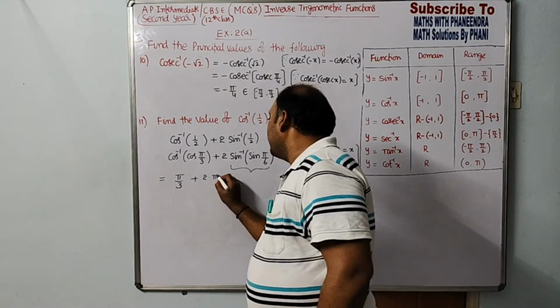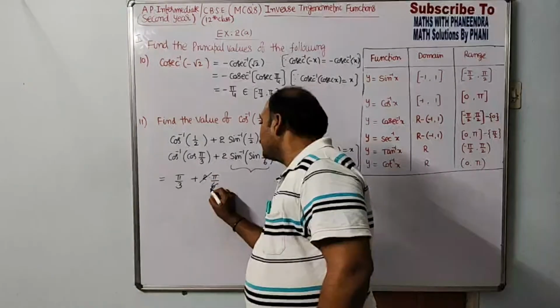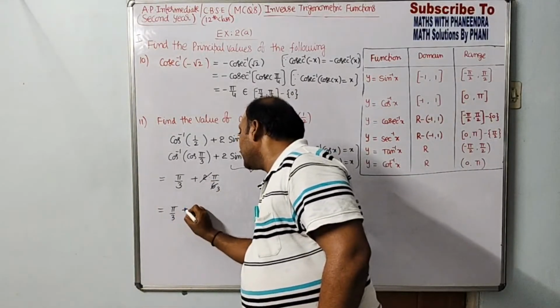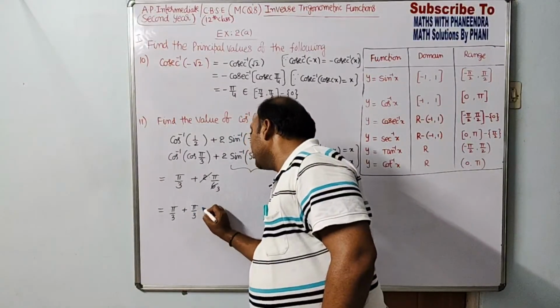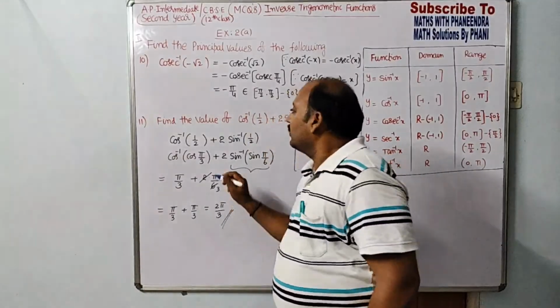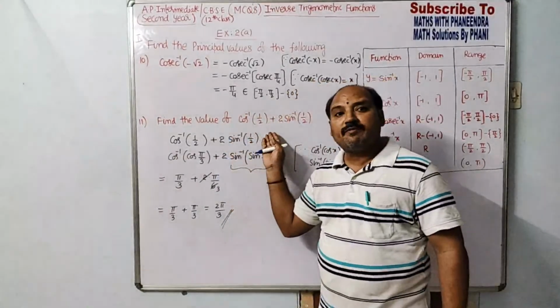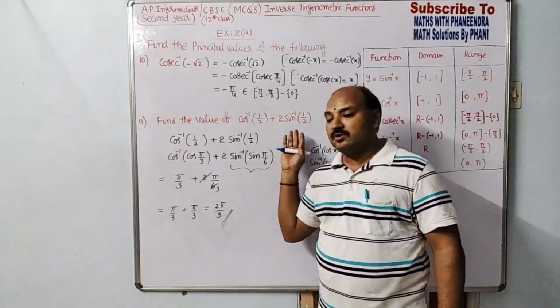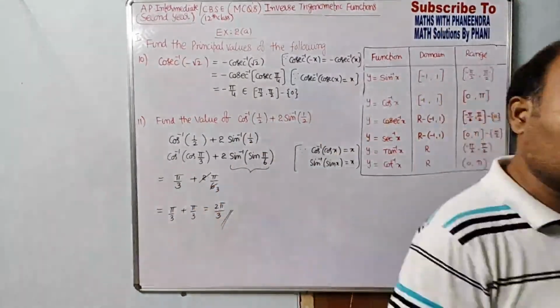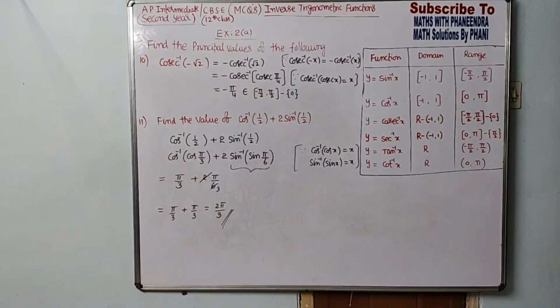This value is pi by 6. So 2 ones, 2 threes, which is equal to pi by 3 plus pi by 3, 2 pi by 3. Therefore, the value of cos inverse of 1 by 2 plus 2 sin inverse of 1 by 2 is 2 pi by 3. We'll move to the last question in the second bit.